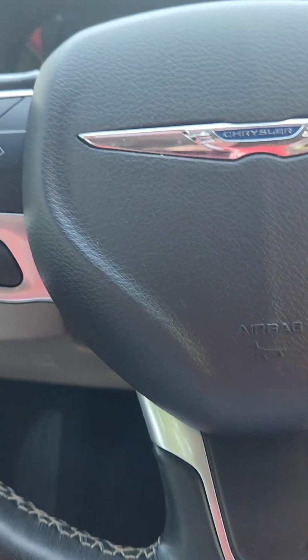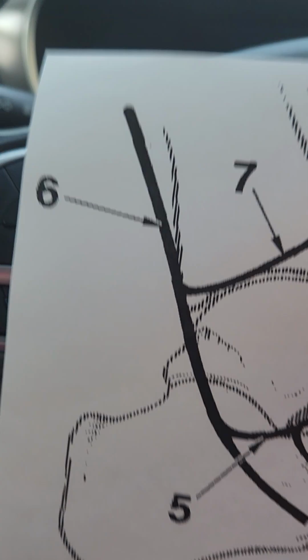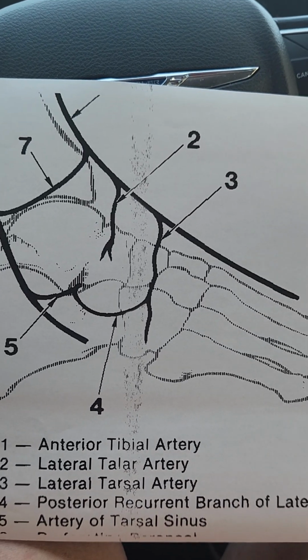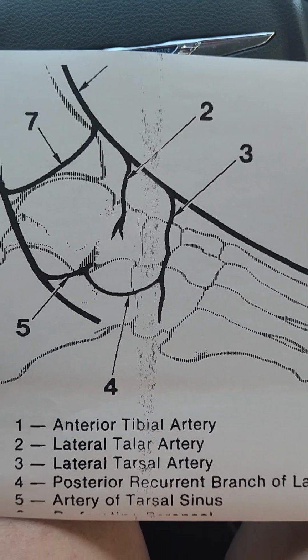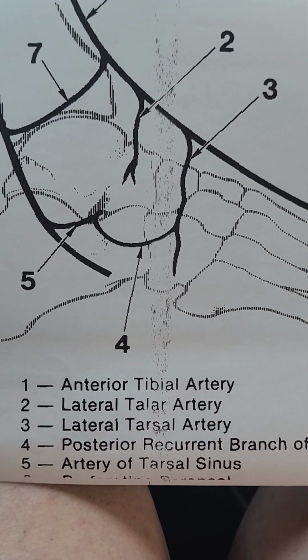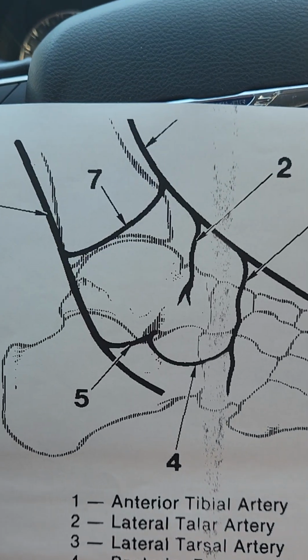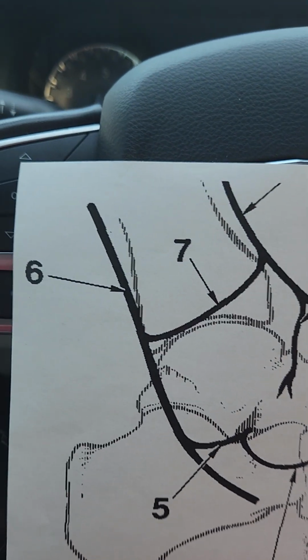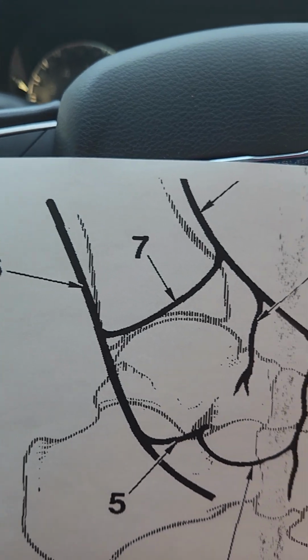Now we've talked about there's a couple of arteries in the foot and the ankle. So we're going to cover those real quick. Anterior tibial artery, number 1. Let's see where it is. Anterior tibial.